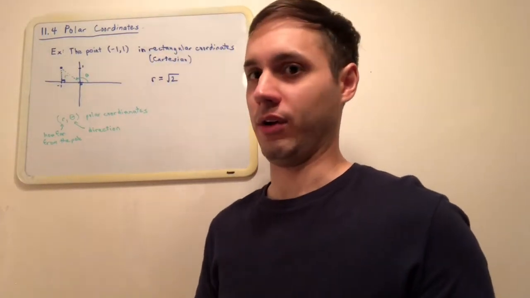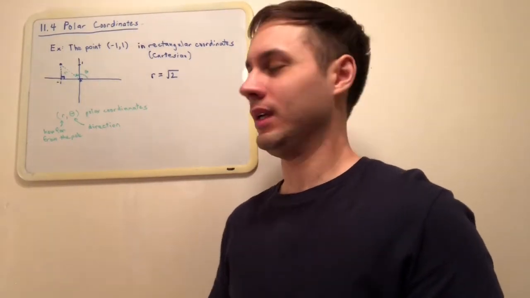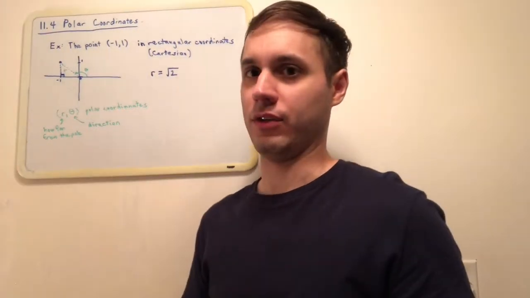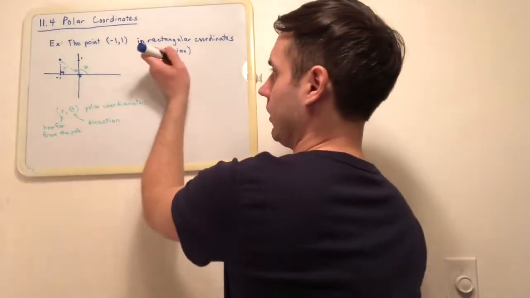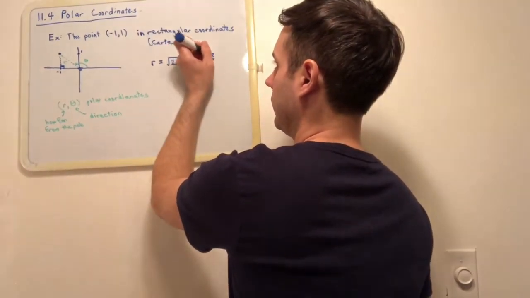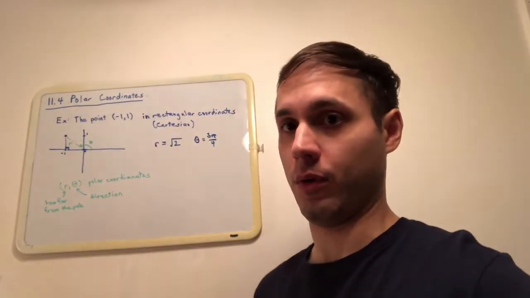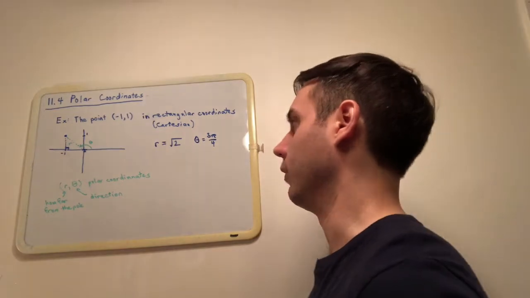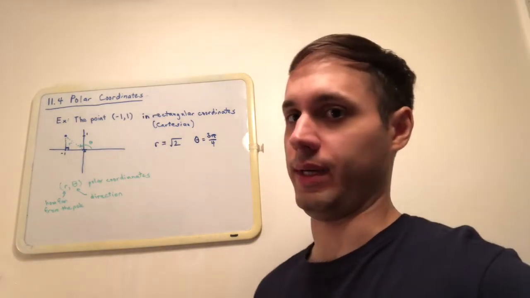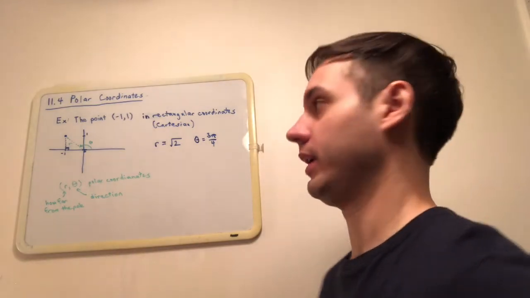Now this is pre-calculus, so we want to talk about radians wherever possible. So instead of 135 degrees, I'm going to call that 3 pi over 4. And theta equals 3 pi over 4. So what we've done here is we've converted the point -1, 1 from rectangular coordinates into polar coordinates.